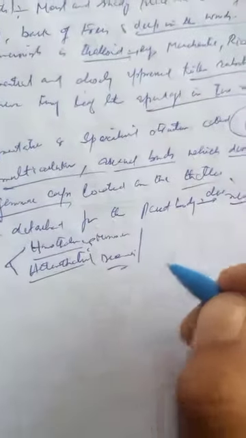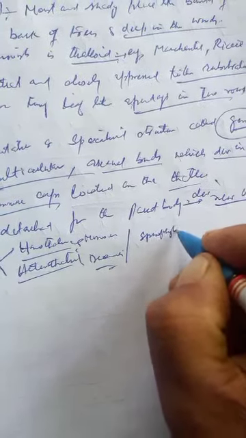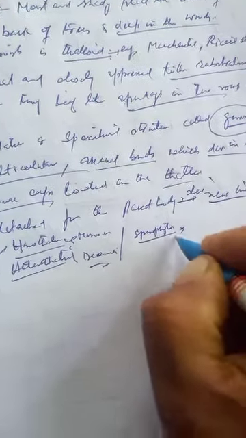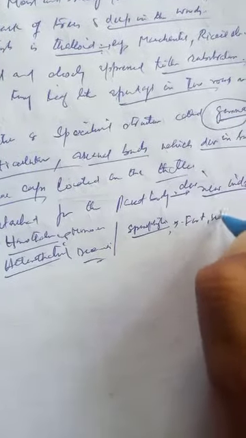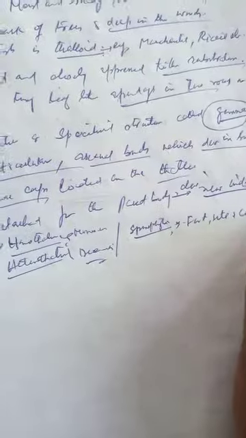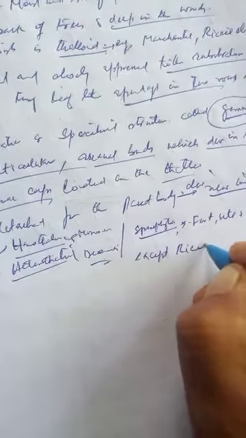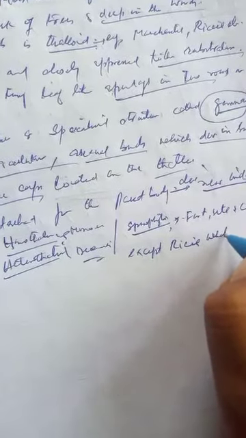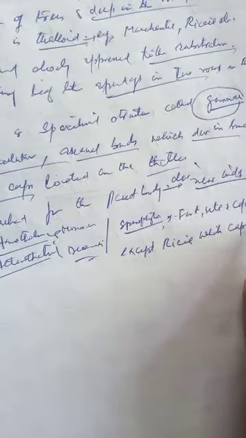And the sporophyte in these bryophytes, that is the diploid phase, is differentiated into foot, seta and capsule, except Riccia, which contains capsule only.